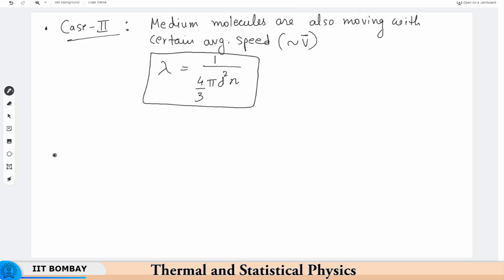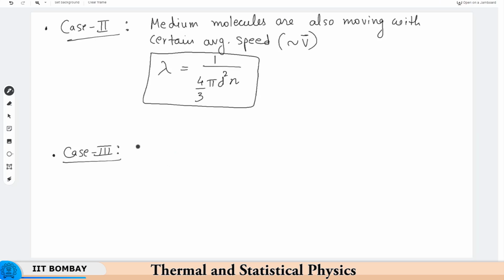And of course, people have done a lot more exhaustive calculations as well, which is case 3. Now you assume that your molecule is moving with a certain average speed, but the gas molecules actually have the correct distribution, which is the Maxwell distribution.